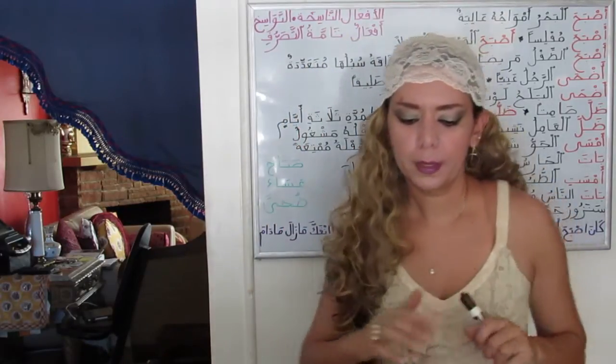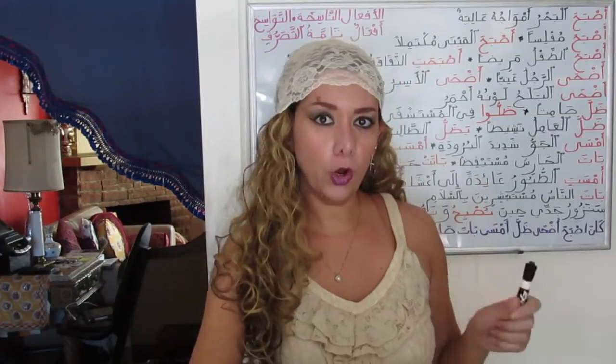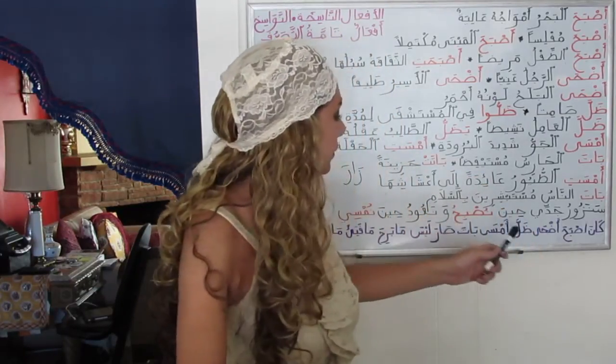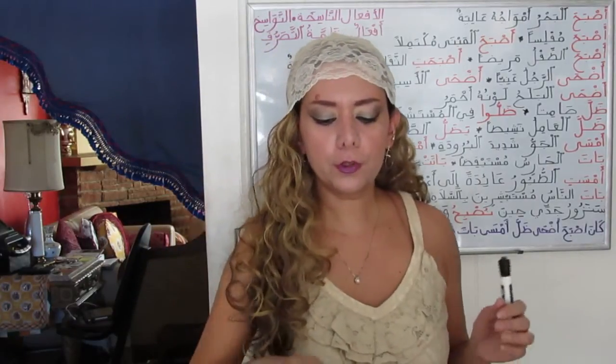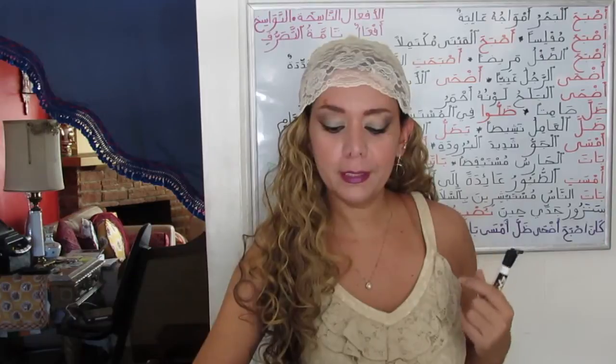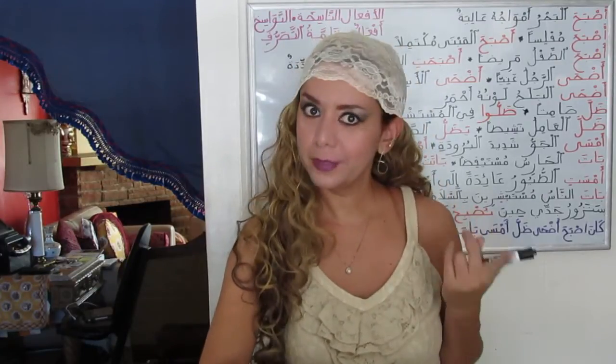This one. مساء is the masculine noun of أمسى. أمسى refers to something happening in the evening. It can be rendered in English as to become in the evening. Or to spend the evening somewhere.